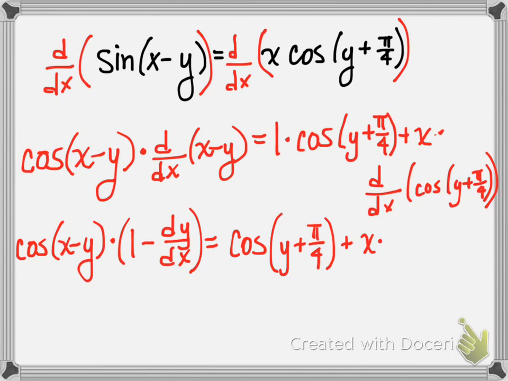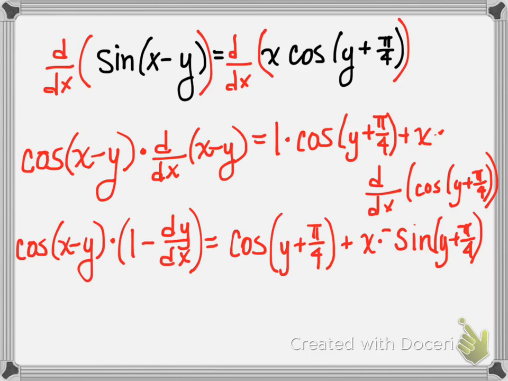Now I can figure out what this is with respect to y. The derivative of cosine of y plus pi over 4 with respect to y is negative sine of y plus pi over 4 times the derivative of the inside. The derivative of y plus pi over 4 with respect to y is 1.